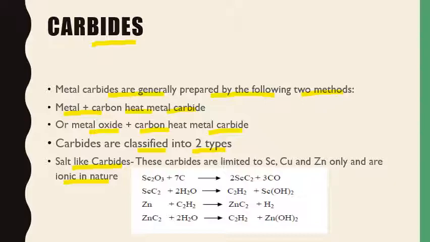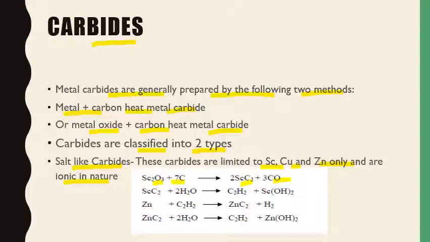So let's see the carbides of scandium, copper and zinc, which are ionic in nature. They are called salt-like carbides. Here you can see the method of preparation of scandium carbide. Scandium oxide, when heated with carbon, produces scandium carbide and carbon monoxide. So this is the salt-like carbide.